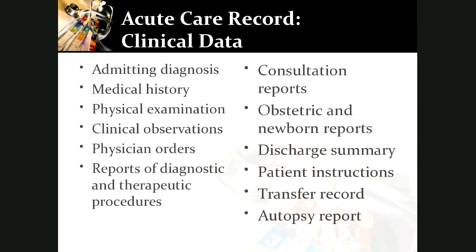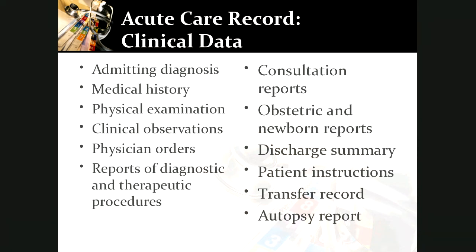Let's talk about the details of some of the different types of records we've mentioned. An acute care record has clinical data. Okay, talking about the clinical data, talking about the admitting diagnosis. What do they think? What brought that patient to the hospital in the first place?